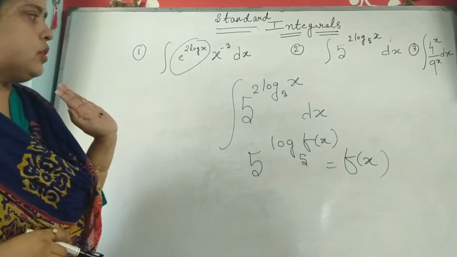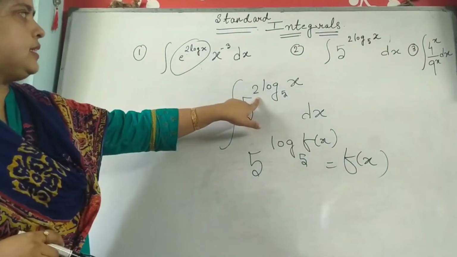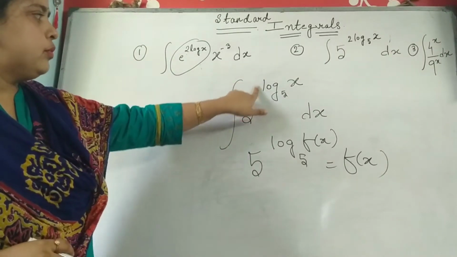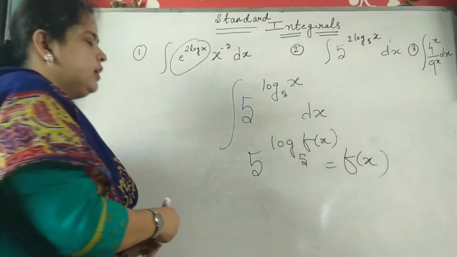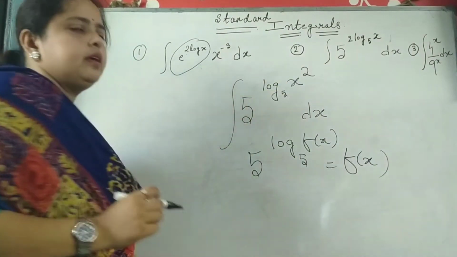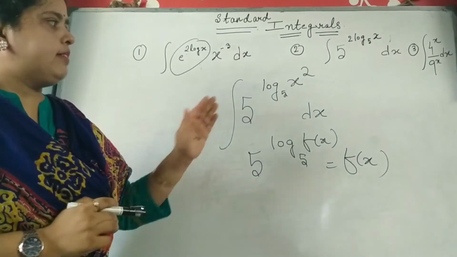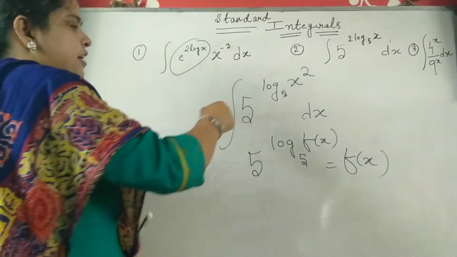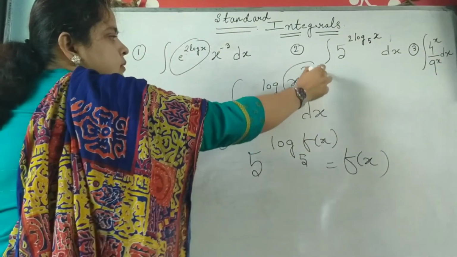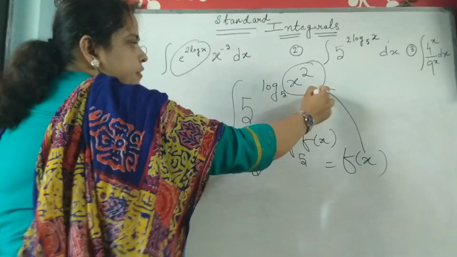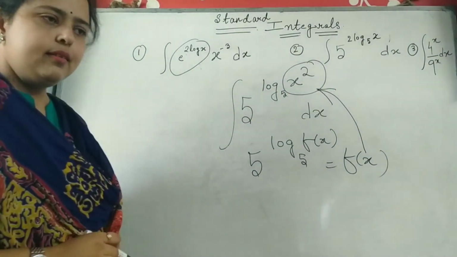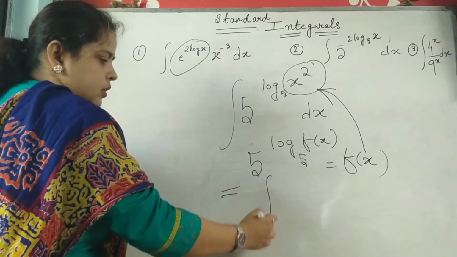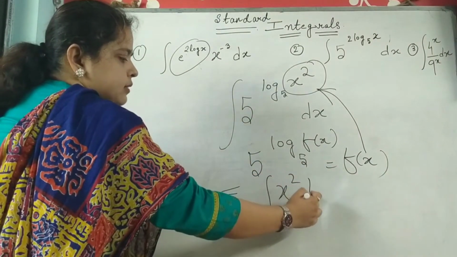Okay children, so here again a 2 is there like before. See, so this 2 will surely be coming with this x. So it will be x to the power of 2. And the f(x) now becomes x squared. So the entire integrand is now x to the power of 2 dx.